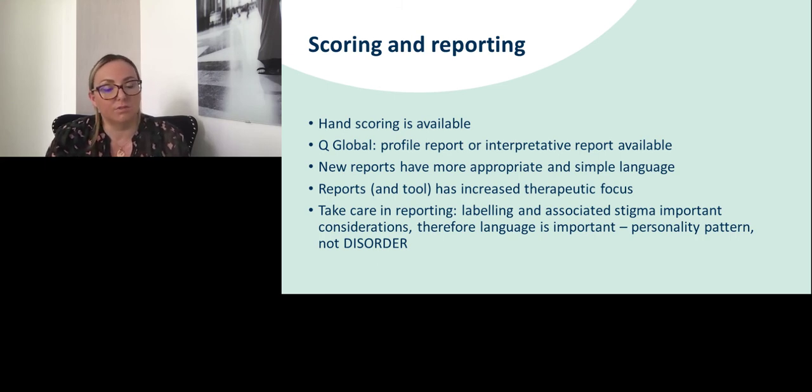But what's really positive is that the new reports have more appropriate and simple language. Older versions, so when it was MCMI-III, which is now MCMI-IV, some of the language was really complex, really uncommon words, quite Americanized, but with the MCMI-IV and the MACI-II, there's an improvement there. So it can really inform what you're writing up and inform your formulation.